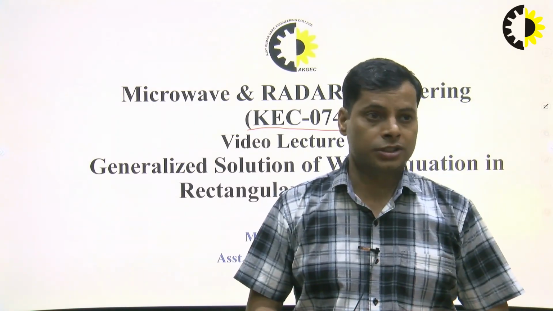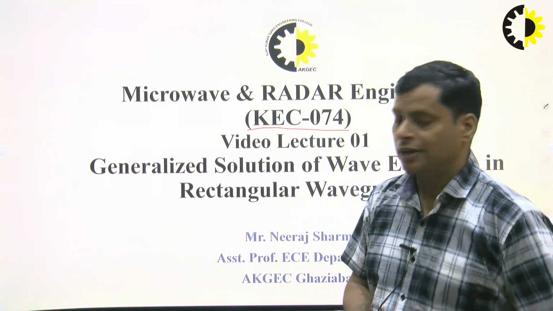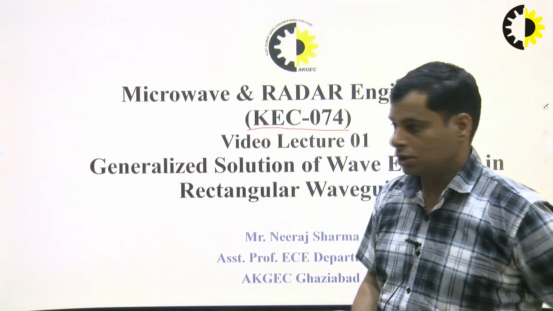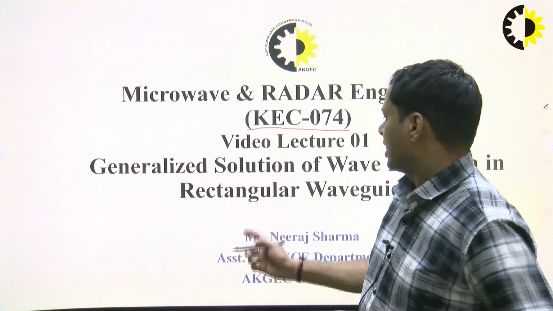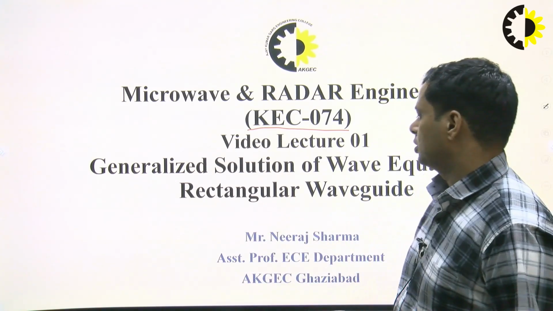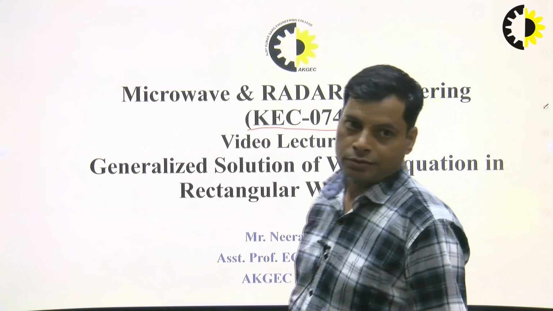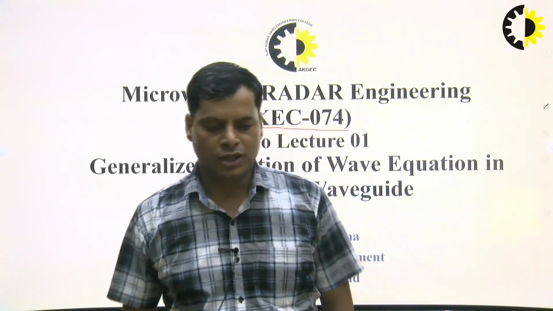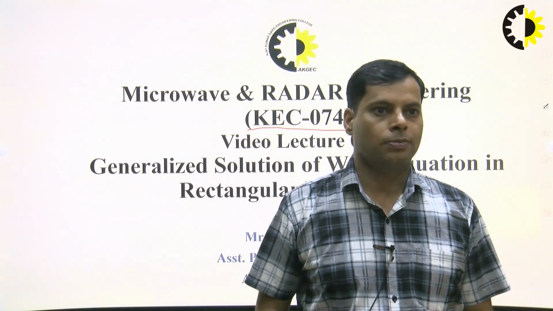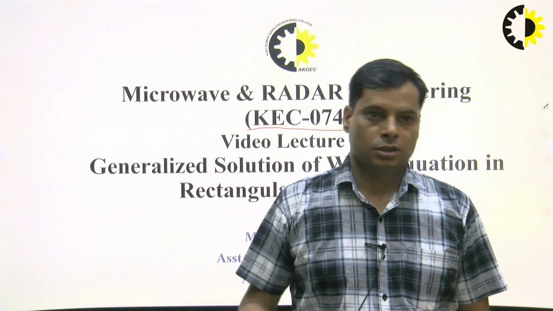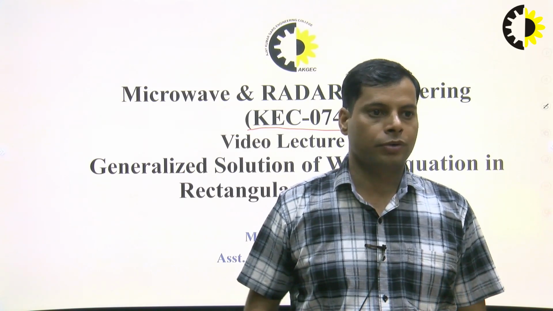This is my first video lecture for the video lecture series. The topic I have chosen this time is the generalized solution of wave equation in rectangular waveguide. We use the rectangular waveguide for wave propagation at microwave frequency.